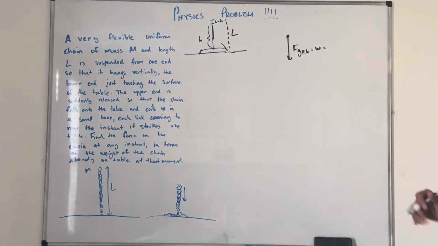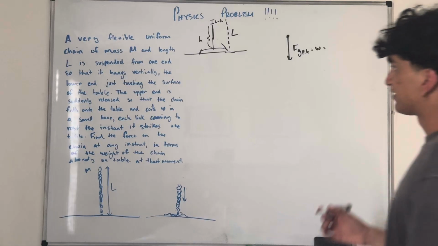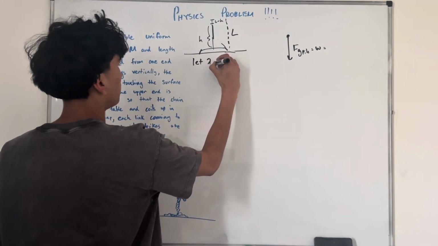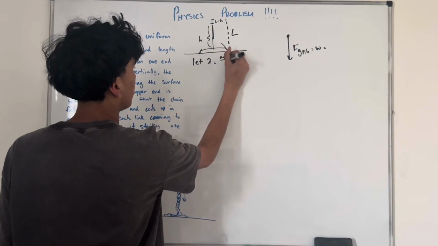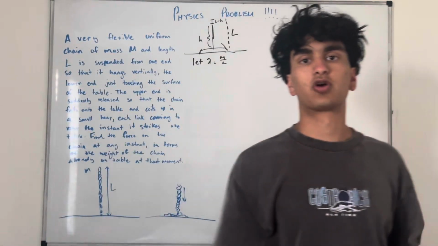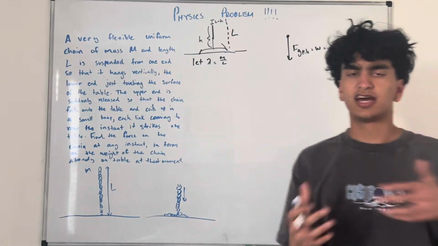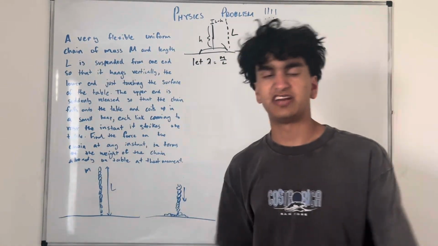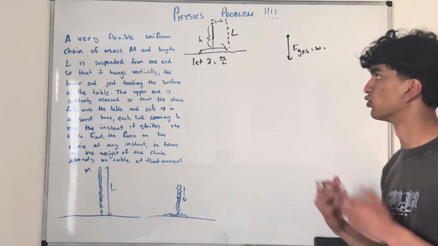We have the weight of the pile. So let's think about this. Let lambda be the total mass over the total length, and we're going to assume the mass is uniformly distributed. Each link has the same mass as every other link. It's not like one side of the chain is heavier because those links have more mass.